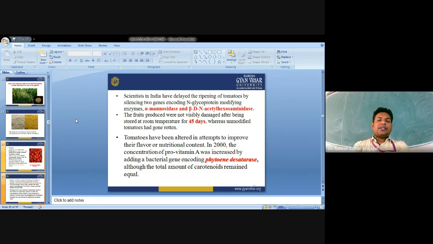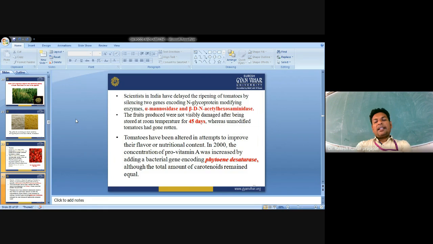So by silencing these genes, they delayed the ripening of tomato.